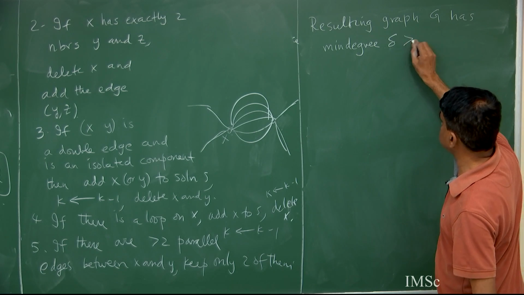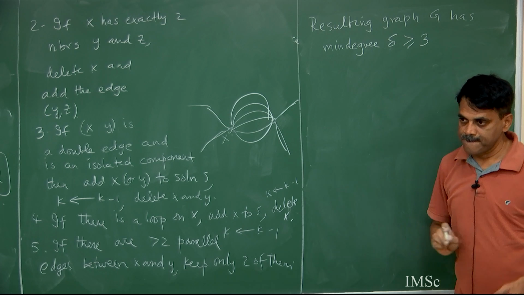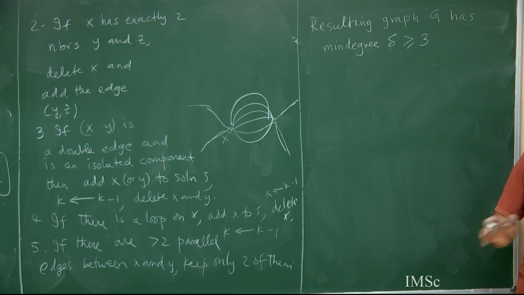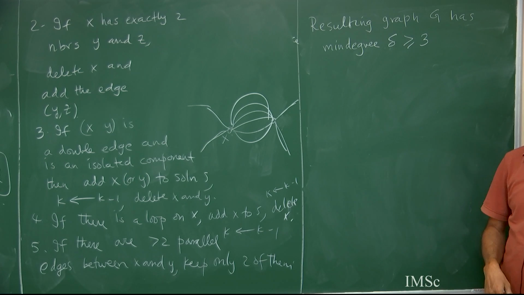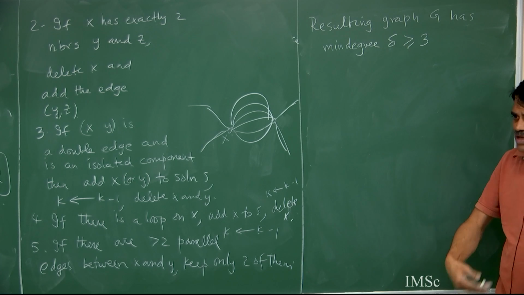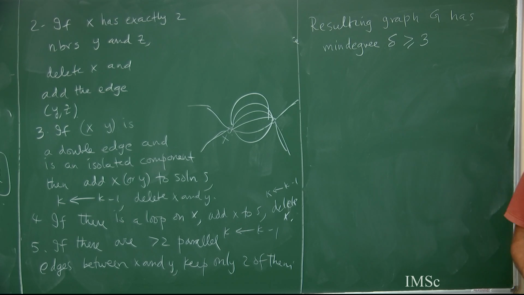So the minimum degree is actually greater than or equal to 3. Whenever you have a degree 2 vertex, you will remove it and do short circuiting, and you will keep on doing this. So the whole thing might become a loop. In that case, you will pick it into the solution and move on. As long as the degree is greater than or equal to 3, you will stop.